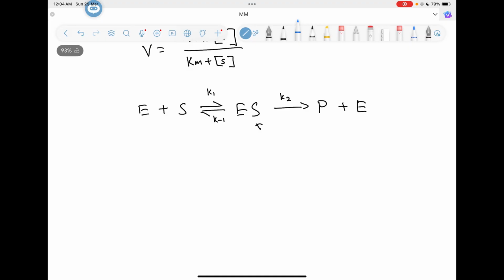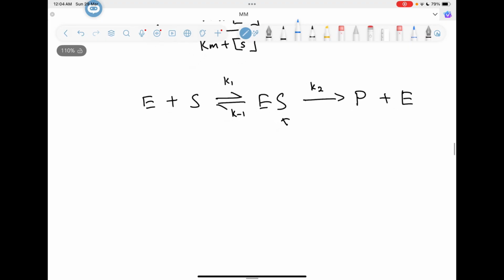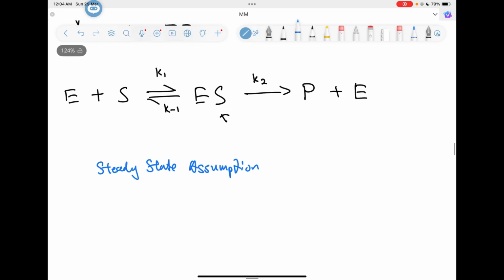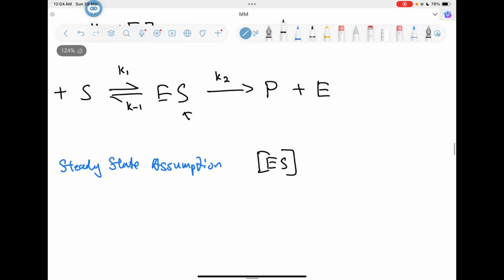Now let's talk about the main idea of the steady state assumption. The steady state assumption assumes that the concentration of the intermediate here, which is the enzyme substrate complex, is constant.